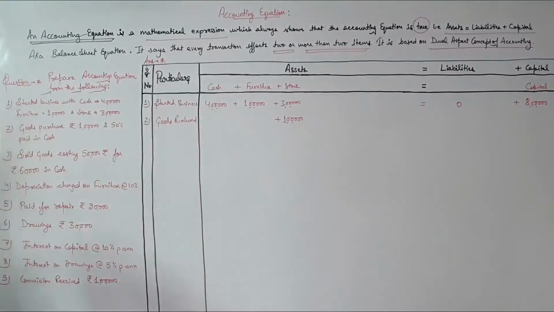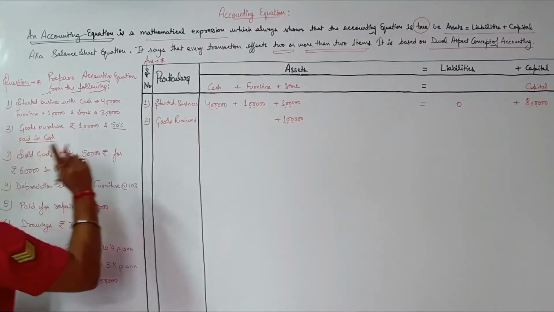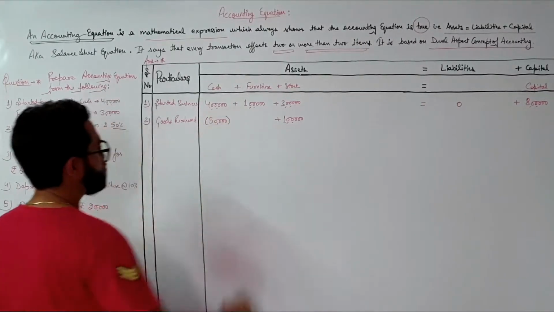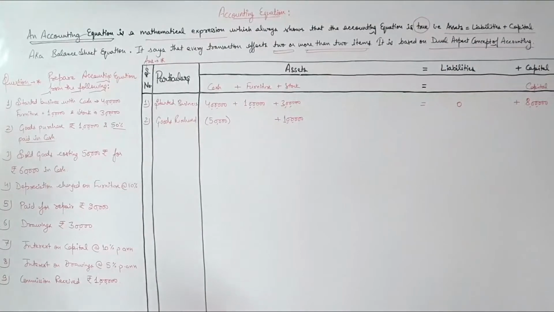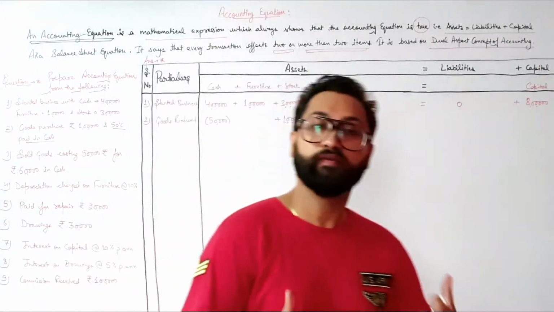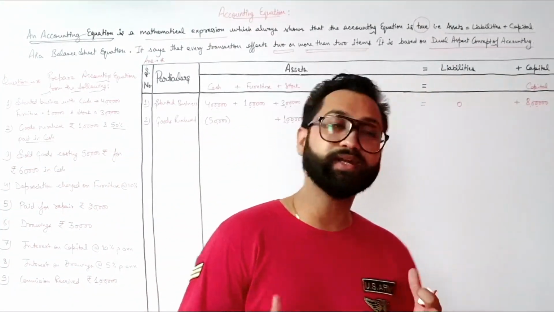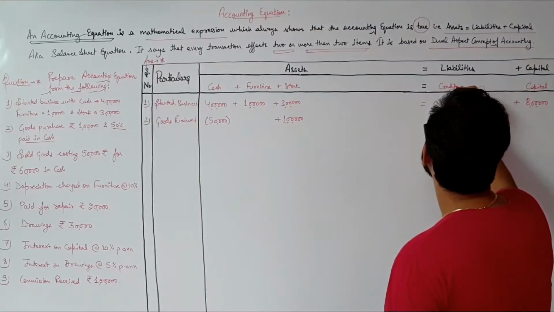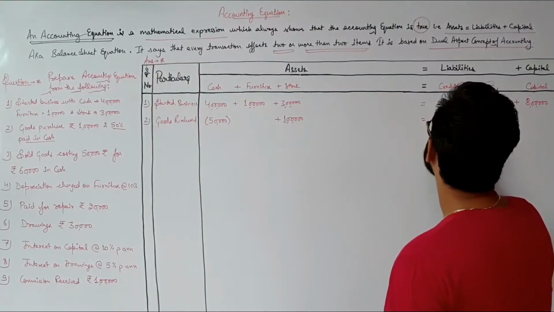But you have paid 50% in cash. Therefore, only 50,000 is paid in cash, which will be deducted. What about the other 50,000? That will be a credit transaction. Therefore, a liability increases with the name of creditors.